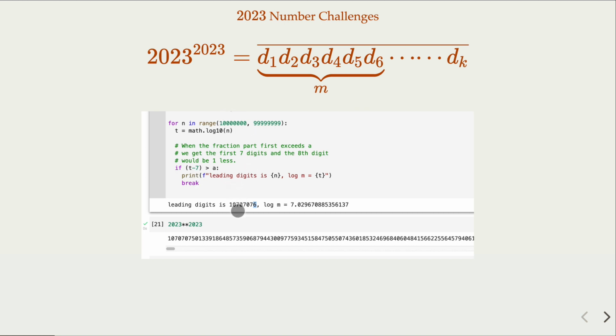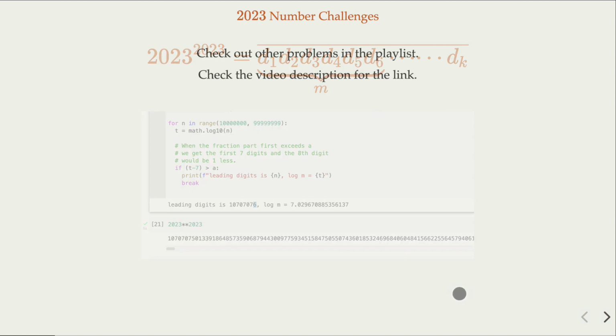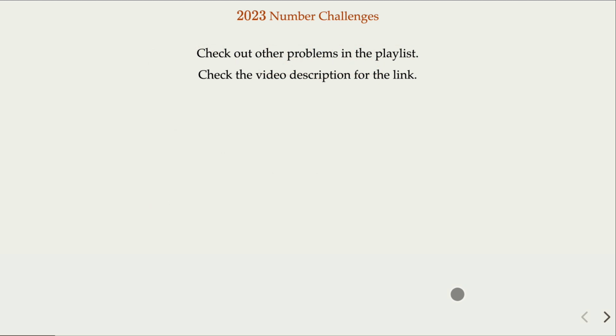We can conclude that the first 8 digits are 10707075, and in reality that's 75. That's interesting.